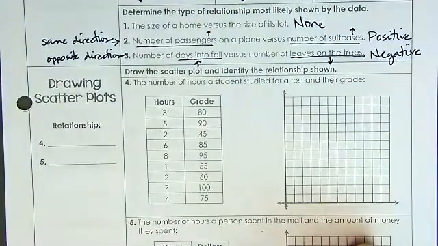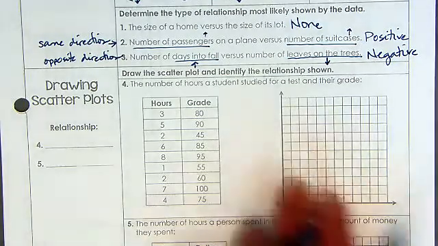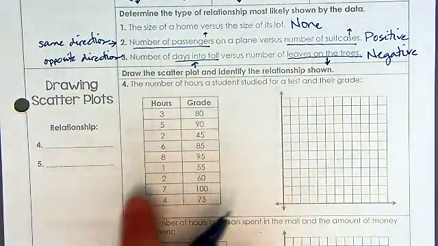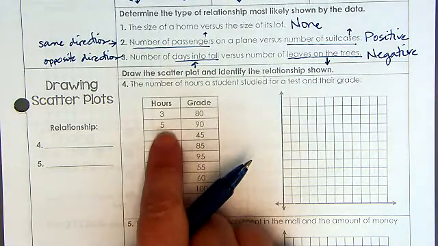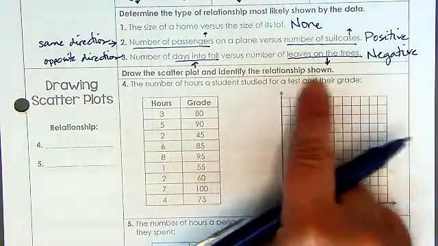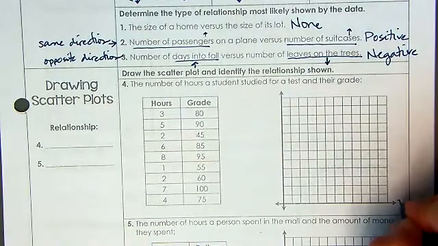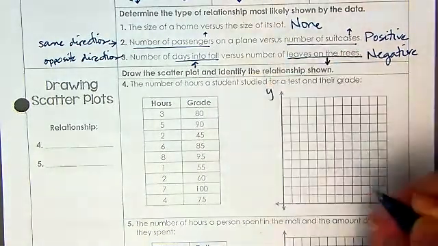All right. Now we're going to practice drawing. Okay. So, when I'm looking at this, I have no numbers on my grid, but I do look at my hours. So I'm talking about the number of hours a student studied for a test and their grade. Well, I got to figure out which one goes on the X and which one goes on the Y. This is the X axis. This is the Y axis.